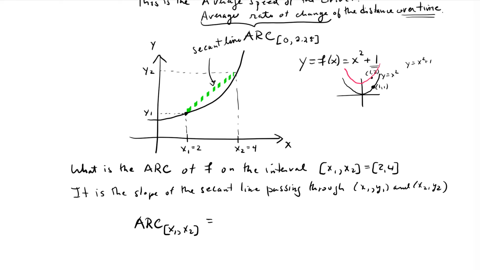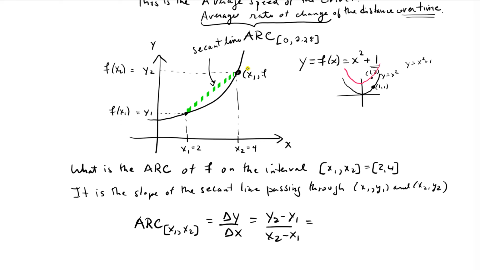Okay, how do we calculate this? Well, we do delta y over delta x. So it's going to be y2 minus y1 over x2 minus x1. Now, what are my 2 points here? y2 is the function value at x2, and y1 is the function value at x1.